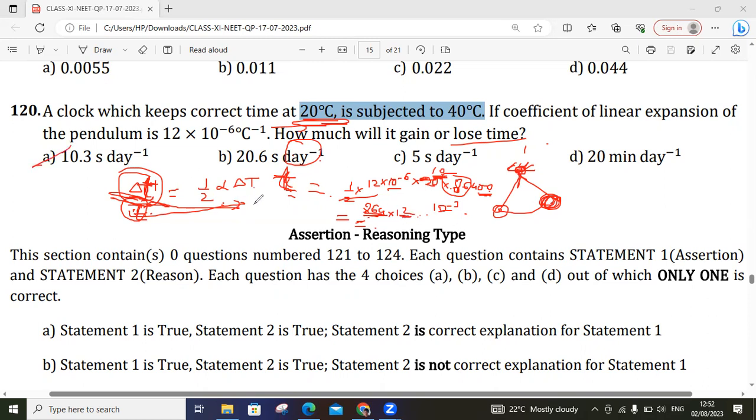Or you can solve it also. 860 we can take at least. 860 into 12, if you do, what will you get? 10 you keep, 12, 12 and 2 8s are 16, 7 and 86 2 13 10. So we'll get 10.3.